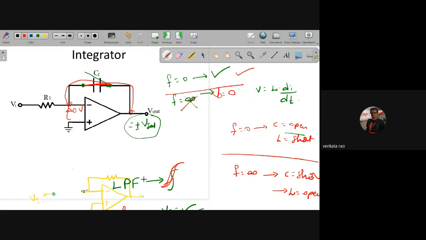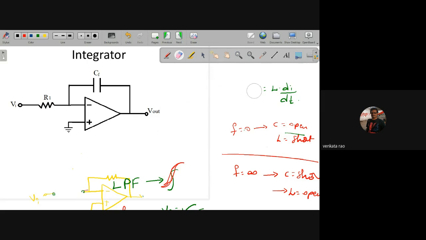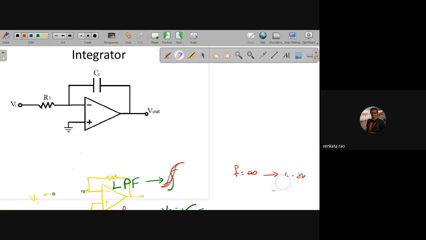Sir, is it clear? So this is the shortcut we have. We discuss in detail about these shortcuts in our active filters topic. Because first you have to learn what an integrator is, why we call it an integrator, its frequency plot, what an ideal integrator is, what a practical integrator is, why we switch to a practical integrator, and why we do not prefer the ideal integrator.